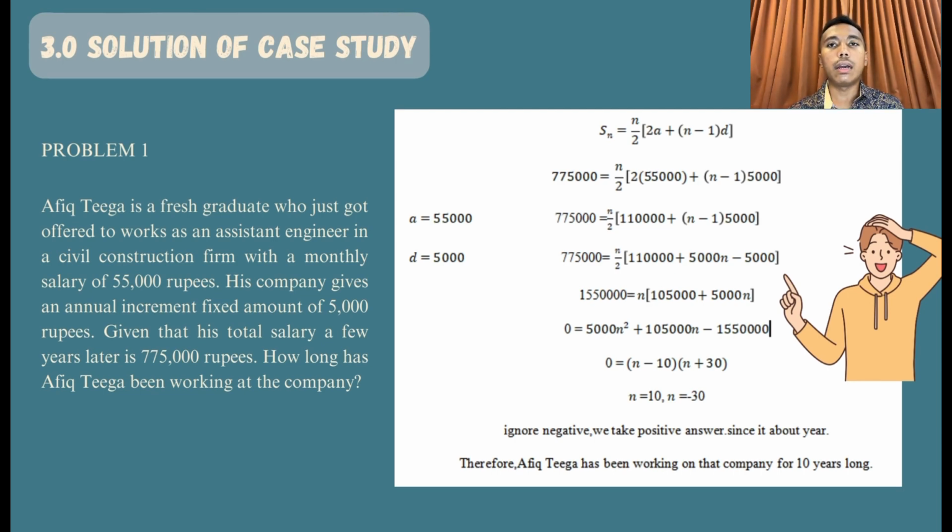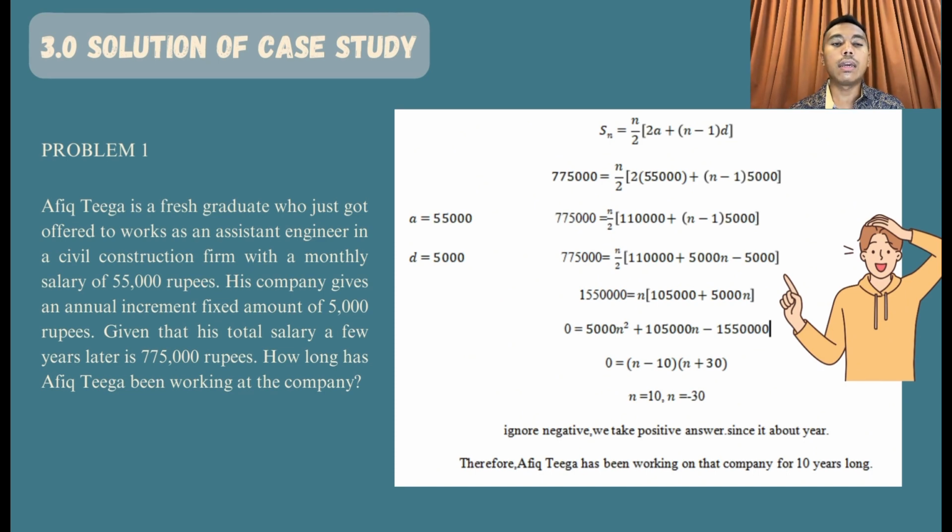Then we move the 2 to the left side, making it 775k multiplied by 2. And then we construct it to become a quadratic equation.